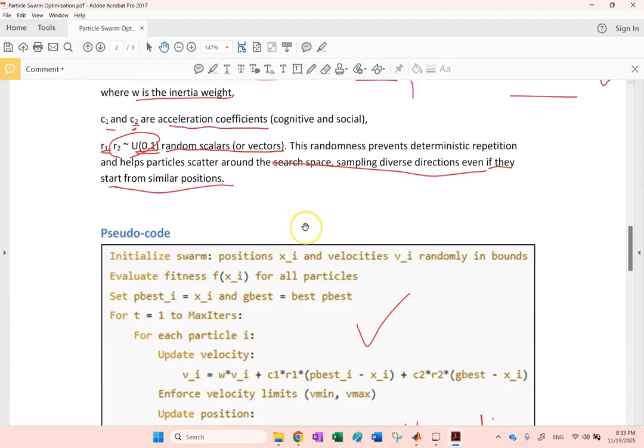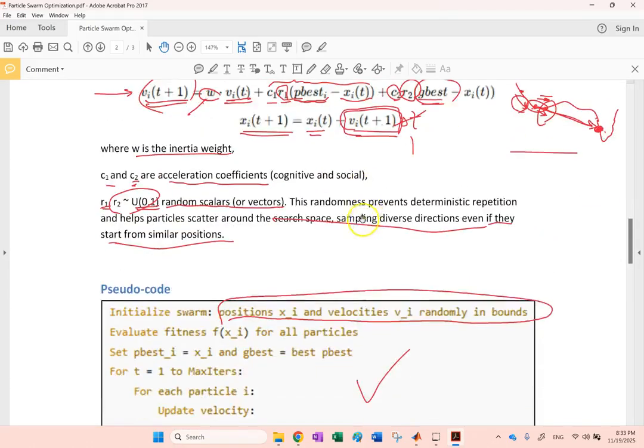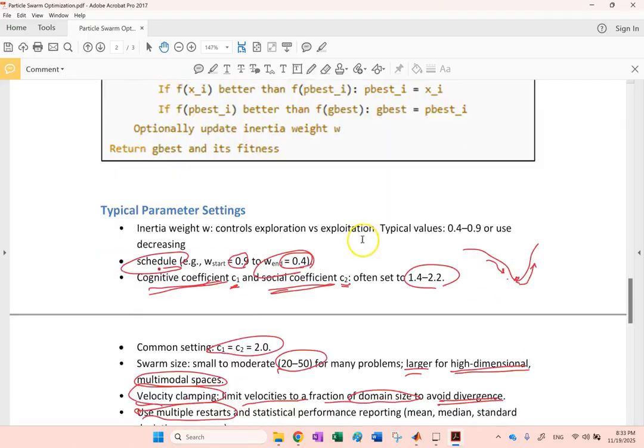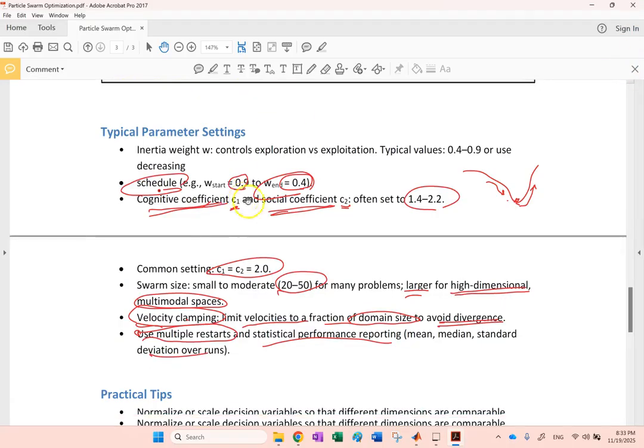In the beginning, your positions of the particles and their velocities are all what? Random. Then they start changing based on this rule. So when you restart it and you have a random start, then you're probably going to do a better job, and you might use statistical performance methods to make sure that you are getting a better performance.